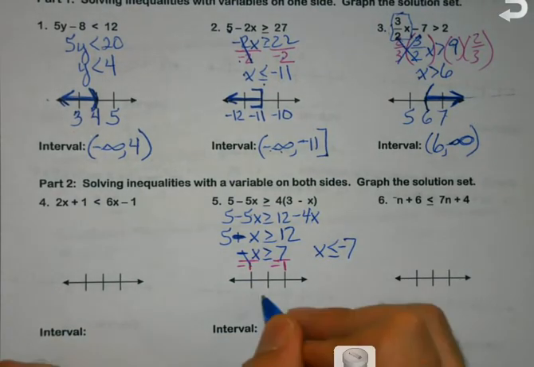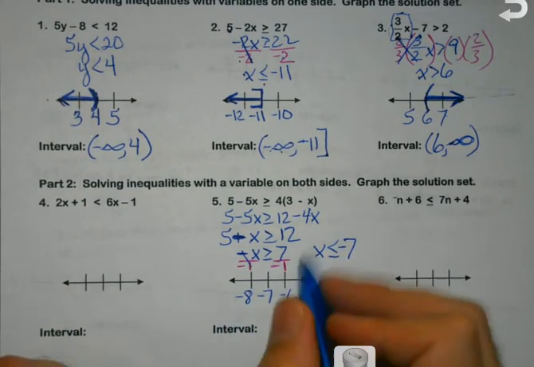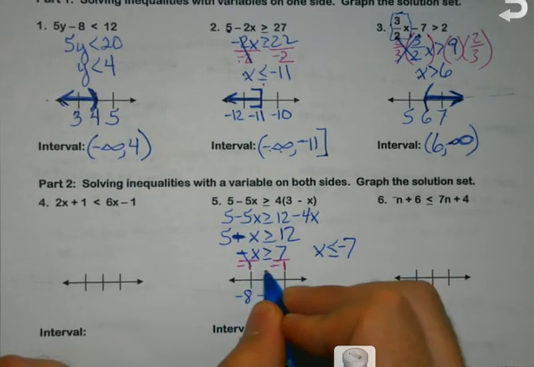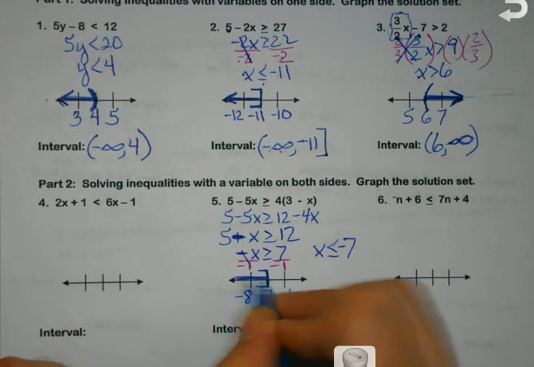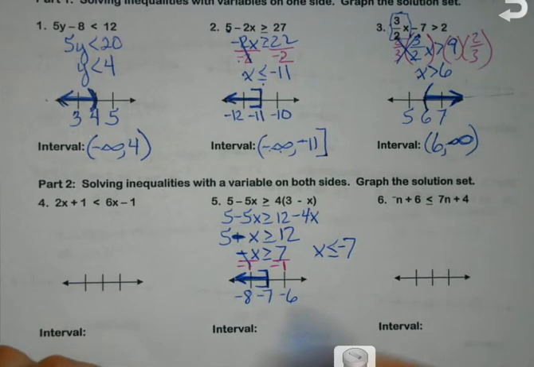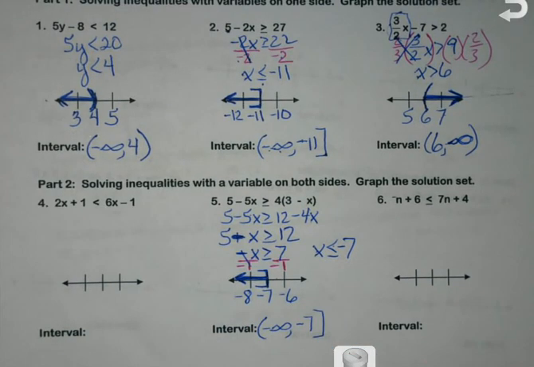And then again, once you get there, it's not as big of a deal. X is less than, arrow's pointing at it, which means we're heading to the left. And since we go left to right, we start at negative infinity and move to our furthest point to the right, -7.